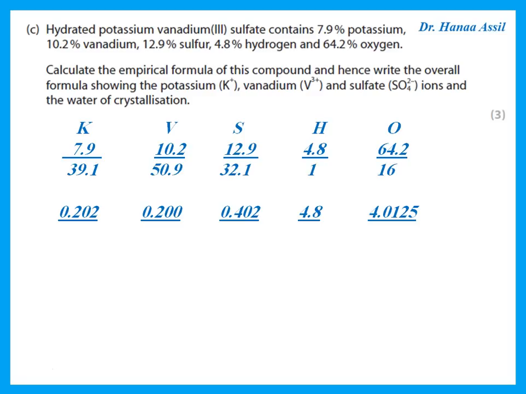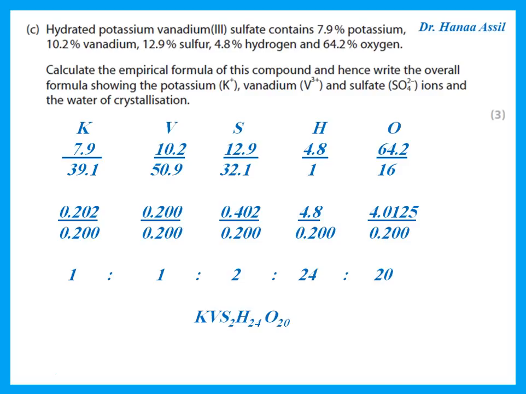We divide first by the atomic mass of each one, and then we look at these numbers, divide by the smallest, and we get this kind of ratio, 1 to 1 to 2 to 24 to 20. And that means this is the formula. But he's telling me that it is potassium vanadium sulfate with water.